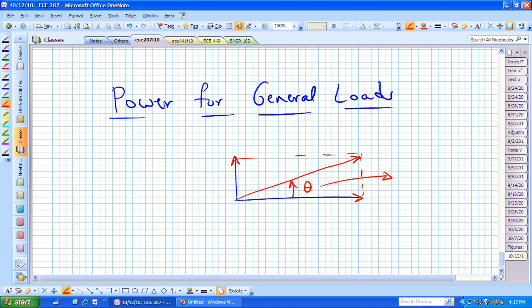But they are going to get charged if that power factor is significantly away from 1. If you take the cosine of that angle, cosine of 0 is 1. If that angle is pretty small, meaning you have very little reactive power or imaginary power, the cosine of that angle is going to be close to 1.